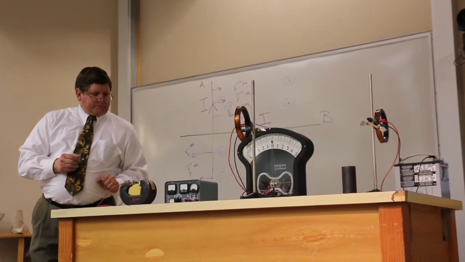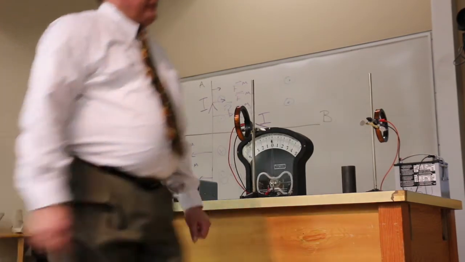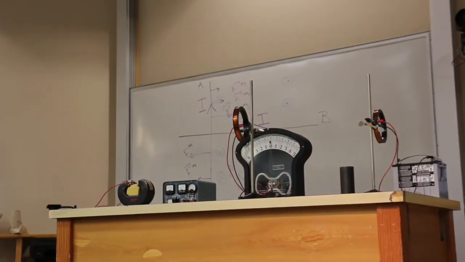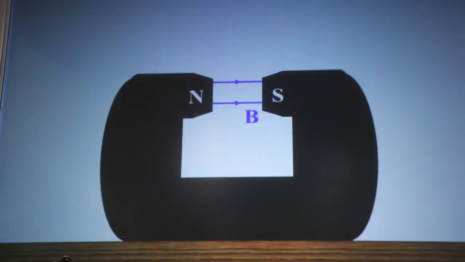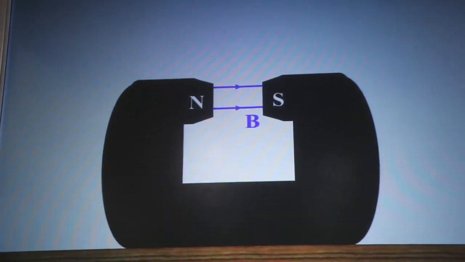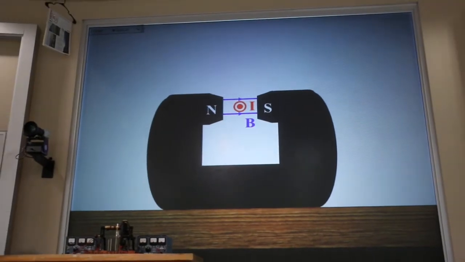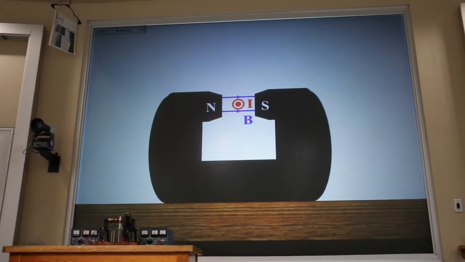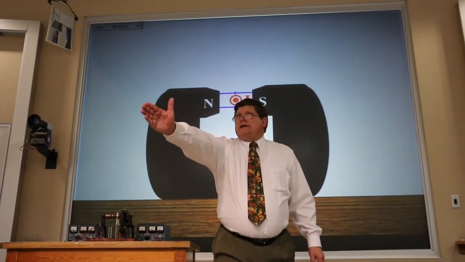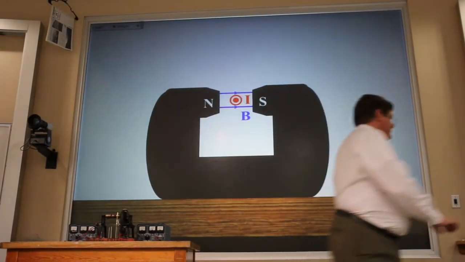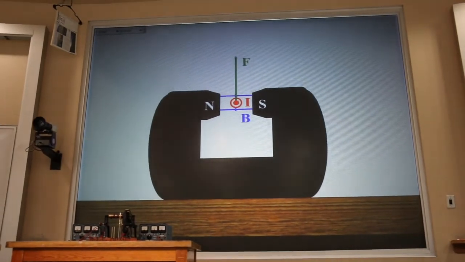Now, in this case here, we had a magnetic field that was pointing towards the open door. We used a battery to drive current through the wire in a direction towards you, and that gave me a magnetic force, VB, up. And that's what caused it to jump.